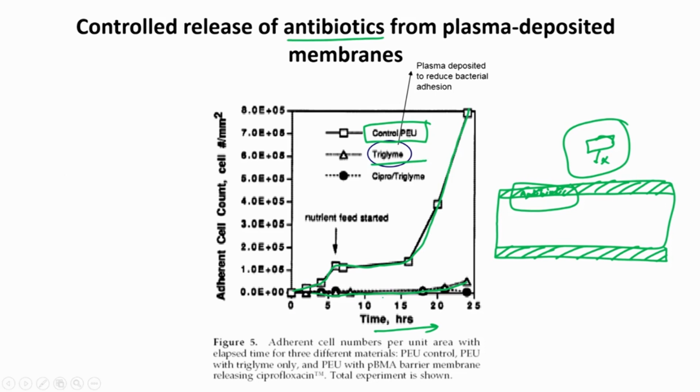Maybe the antibiotic is used up or maybe the bacteria has adapted to it. Or you can have 2 antibiotics released from it, ciprofloxacin and triclosan, and in that case even after 25 hours you do not see any kind of bacterial growth over that surface. So, this is a strategy where you can prophylactically release or coat these antibiotics to prevent bacteria from adhering to your surface.